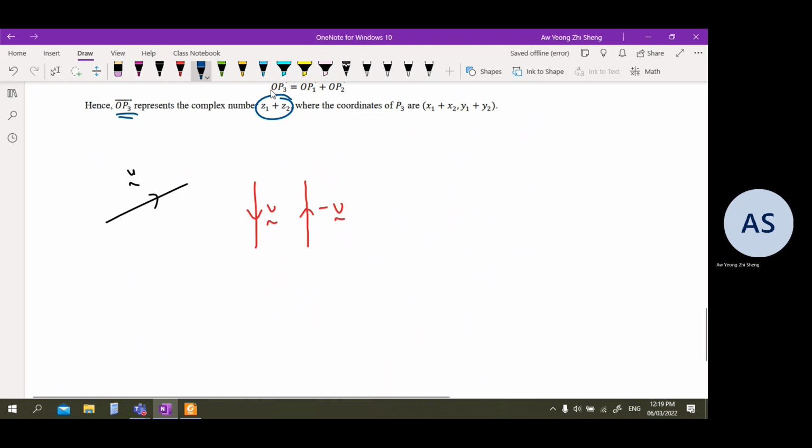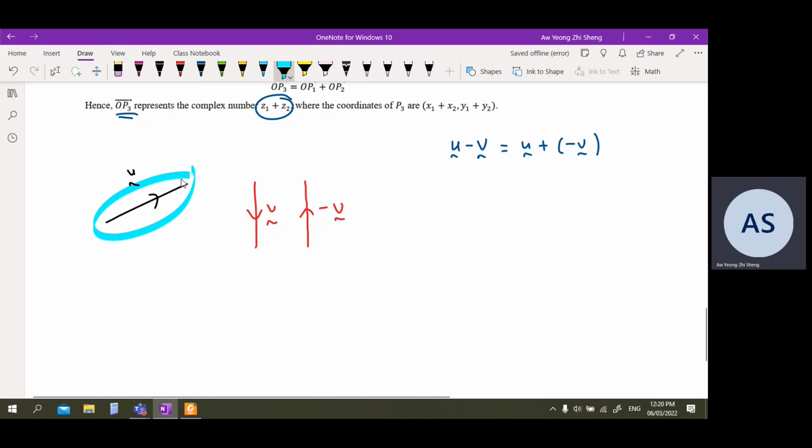So because u minus v can be interpreted as u plus negative v, that means I can connect these two vectors end to end. Its resultant will be the resultant vector u minus v.